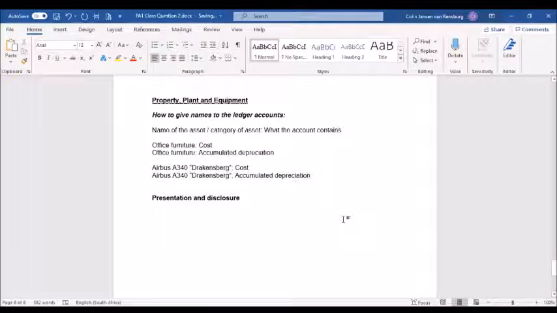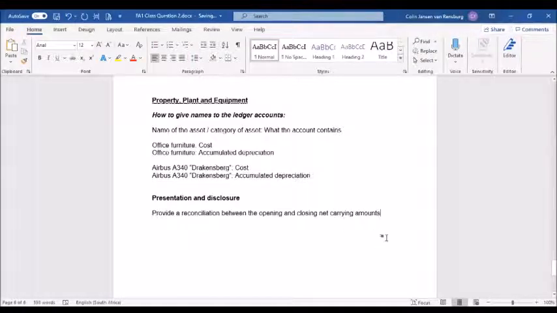We have to provide a reconciliation between the opening and closing net carrying amounts.